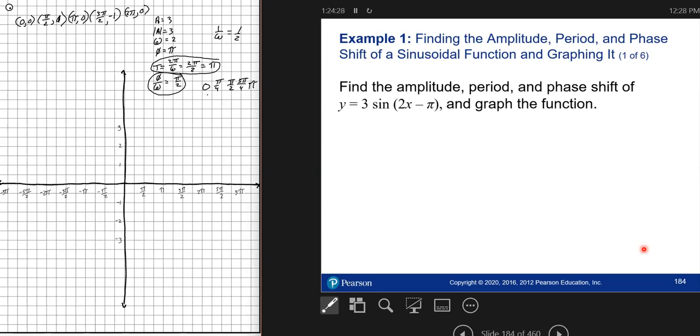And so finding those values there, I replace these x values with the new x values. So 0 stays 0. And the 1/2 became pi over 4. And the pi became pi over 2.